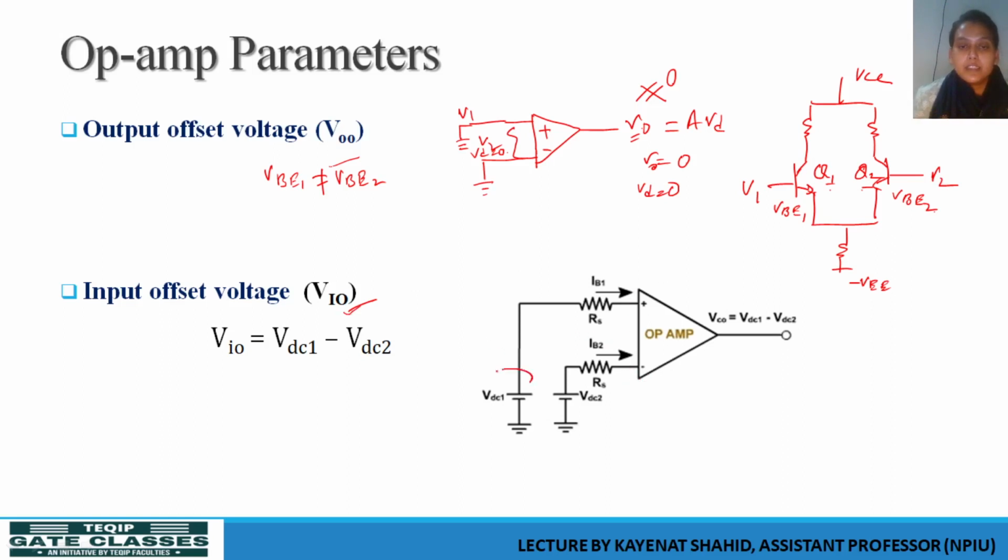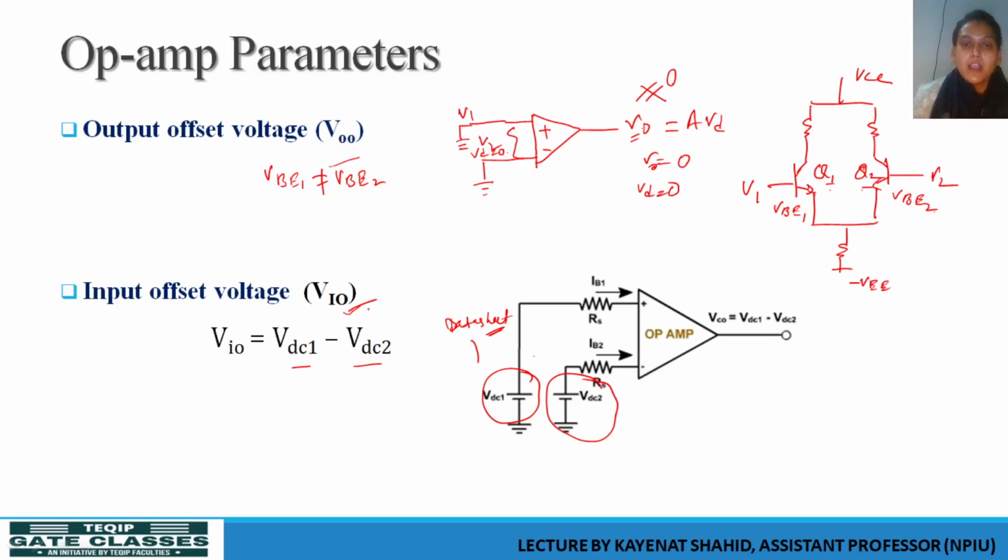Whatever signals VDC1 and VDC2 we want to apply, how much signal we should apply will be provided by the data sheet. This will be given in the data sheet of the operational amplifier. The input offset voltage is nothing but the difference between these two DC voltages that we apply at the two terminals of the operational amplifier.